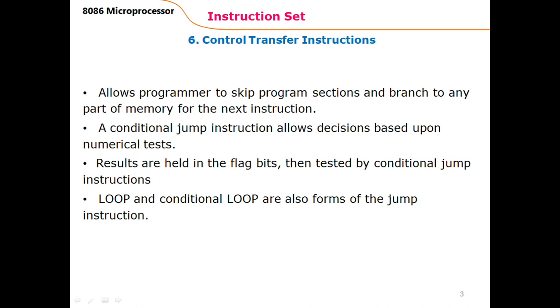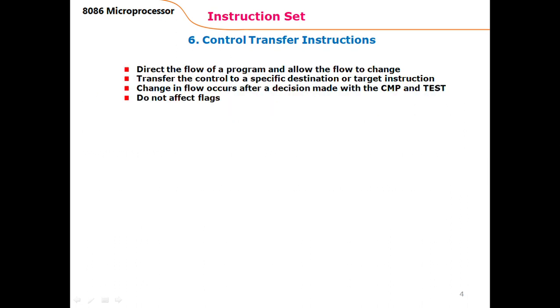Loop and conditional loop are also forms of jump instruction because they also control the flow of program execution. As I said, control transfer instructions are responsible for directing the flow of a program and allow the flow to change.